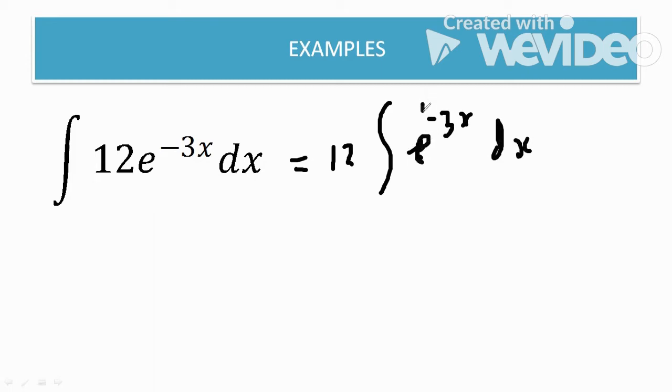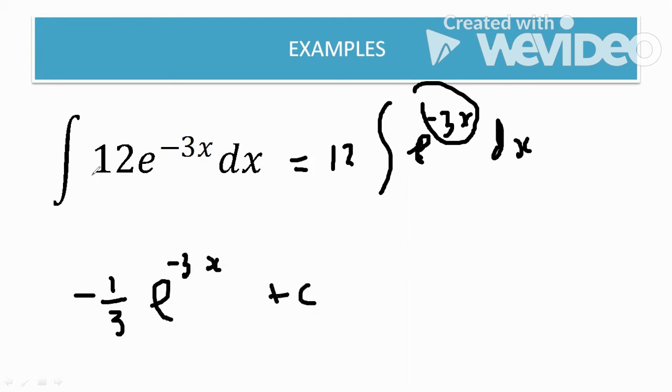So we're going to differentiate the negative 3x. If we differentiate negative 3x, what do we get? We get negative 3. And so we're going to reciprocate that. So it's going to be negative 1/3 e to the negative 3x plus c.